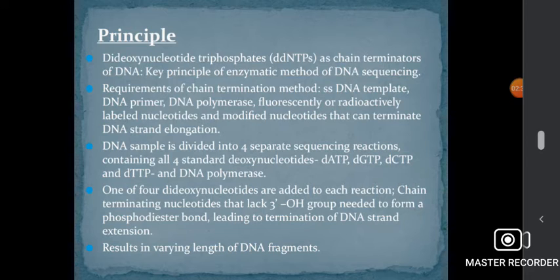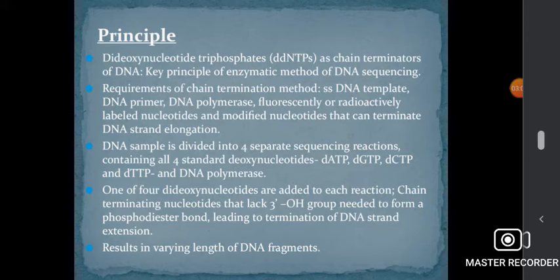The following are required for the chain termination method: a single-stranded DNA template, a DNA primer, DNA polymerase, fluorescently labeled nucleotides, and modified nucleotides that can terminate DNA strand elongation. The DNA sample is divided into four separate sequencing reactions containing all four standard deoxynucleotides, that is dATP, dGTP, dCTP, and dTTP, and DNA polymerase.